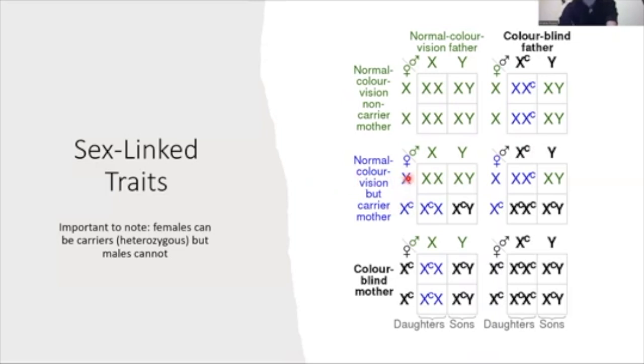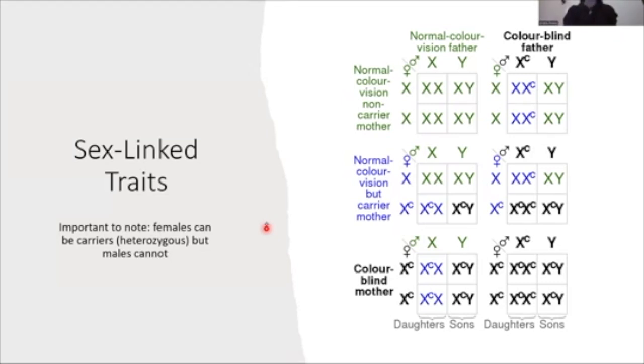So she has normal vision because she has one dominant trait and it's masking the colorblind trait. But that can't happen in males because males only have one X, which means that if they get that colorblind X, they're done for, they're colorblind. Females could get one colorblind X and then be like, okay, but what's my other one going to be? And they might not be colorblind. So females need two of them in order to be colorblind. Males only need one.